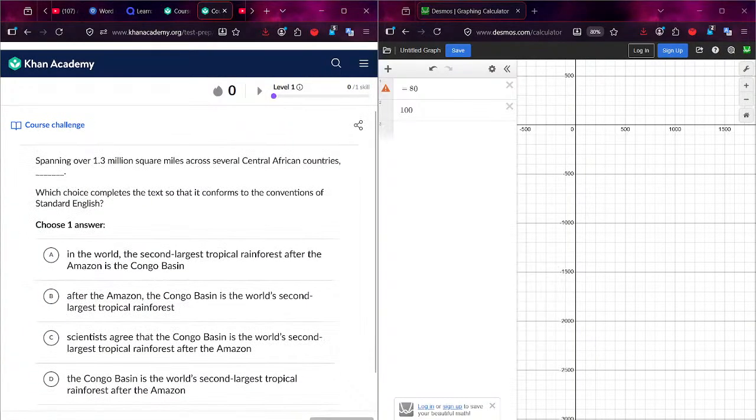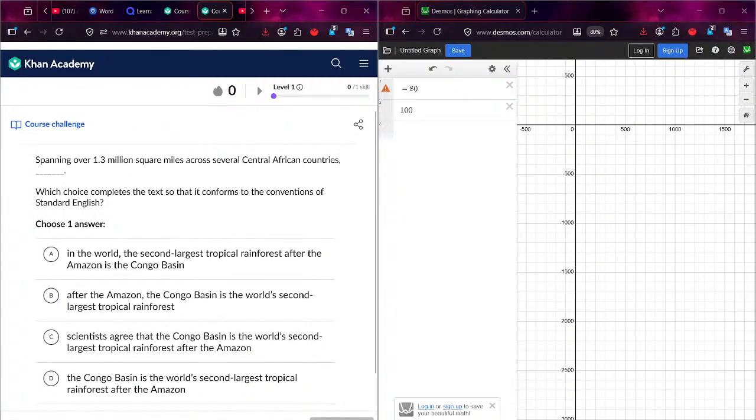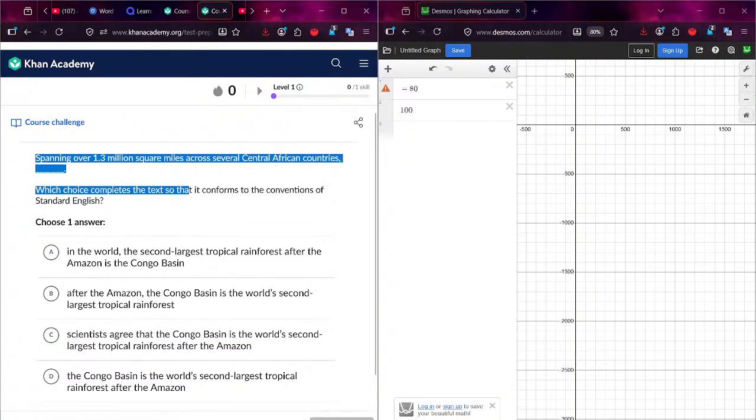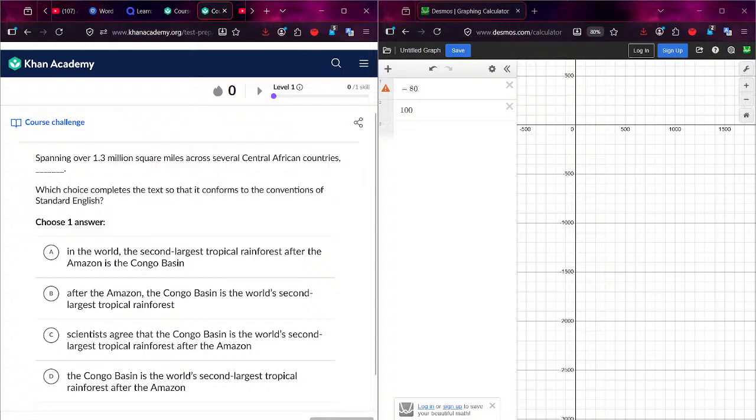Spanning over 1.3 million square miles, blank. Because it's spanning over 1.3 million square miles, you're going to assume, like it said in the video at the beginning, that whatever's being described, whatever spans over 1.3 million miles, should be right after.